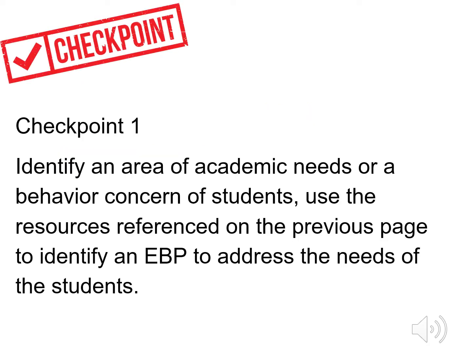Teachers can think about an area of academic needs or a behavior concern of students in their class. Then browse the websites provided on the previous page to identify an evidence-based practice to address the needs of the students.